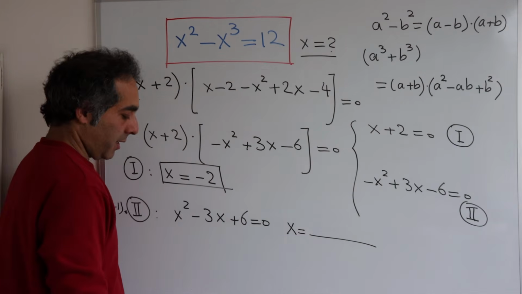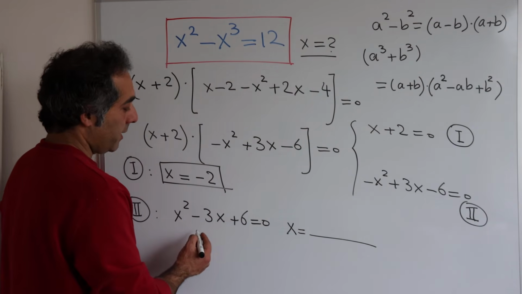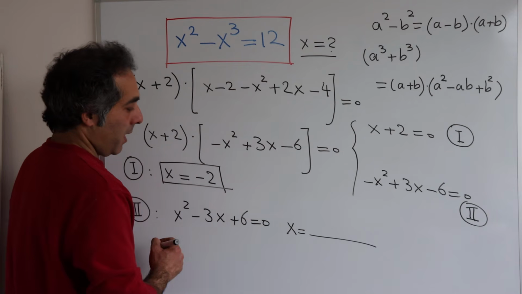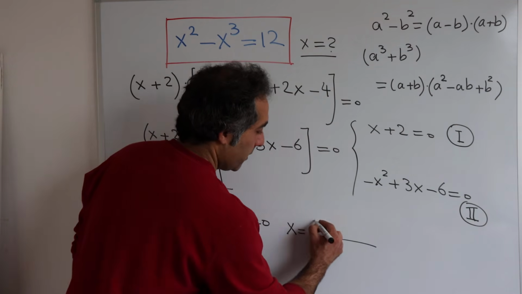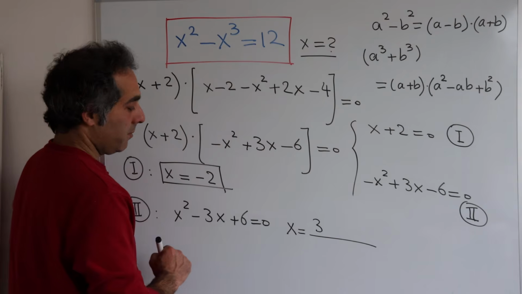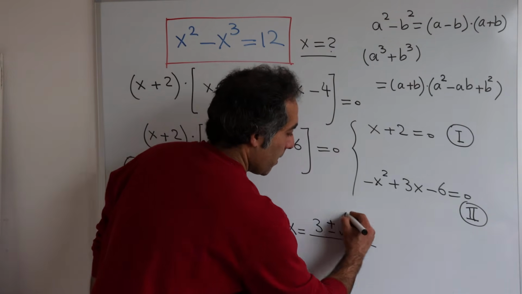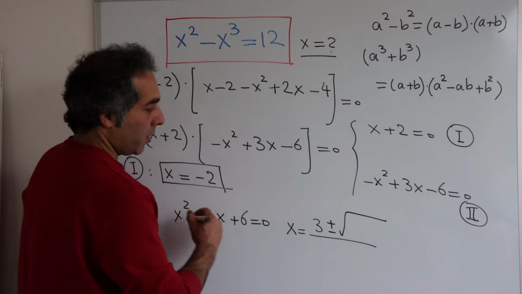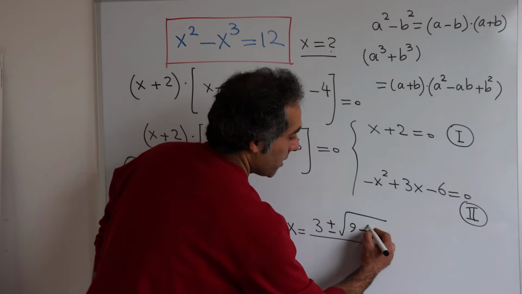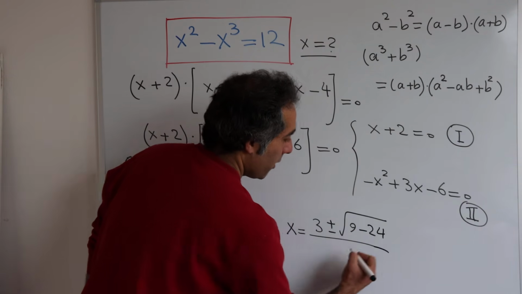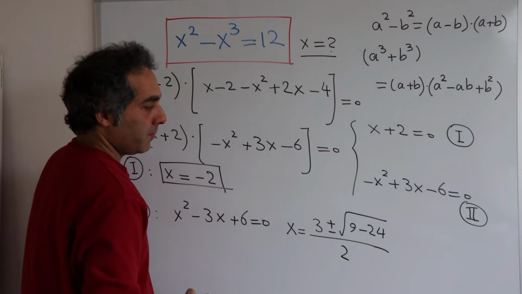Okay, now I can find the value of x from this second order equation, and you can find the solution by the quadratic formula. Minus minus 3 plus minus the square root of, this one squared is 9, and minus 24, over 2.